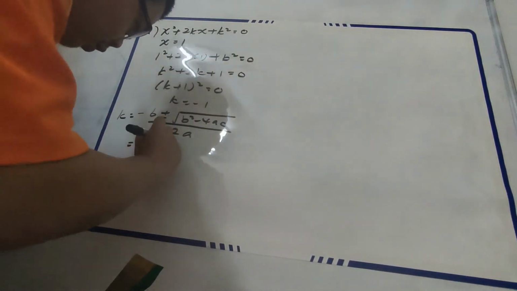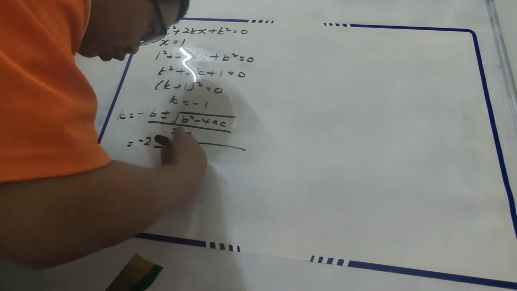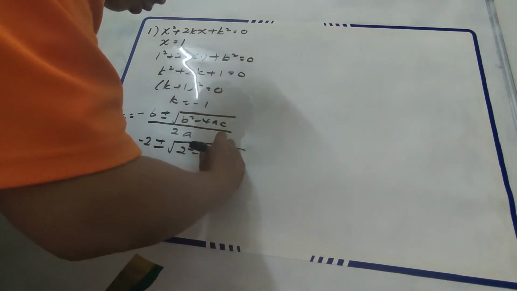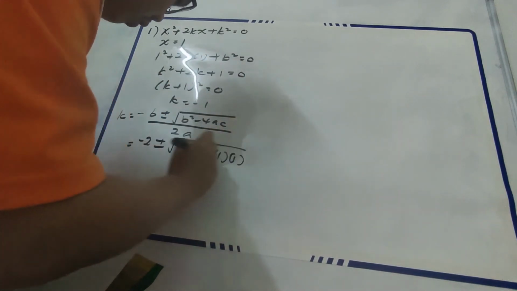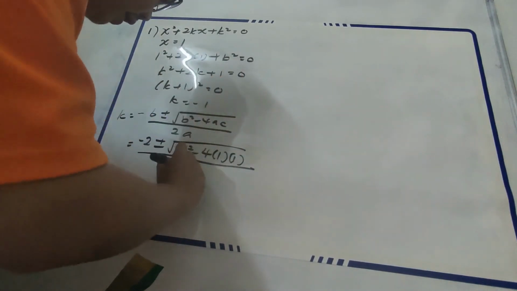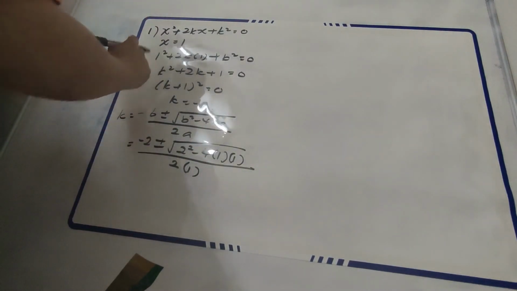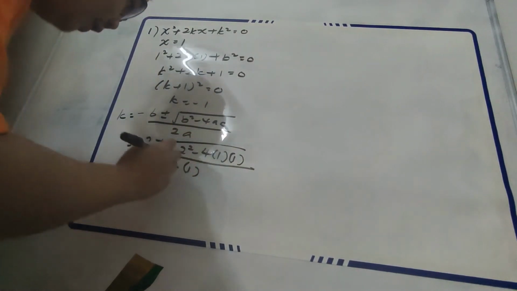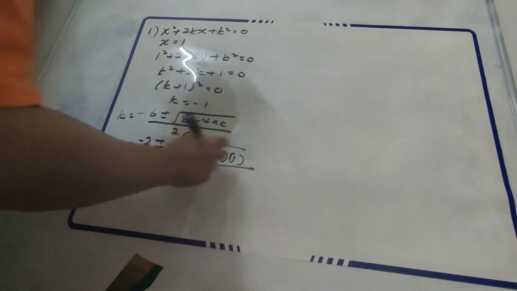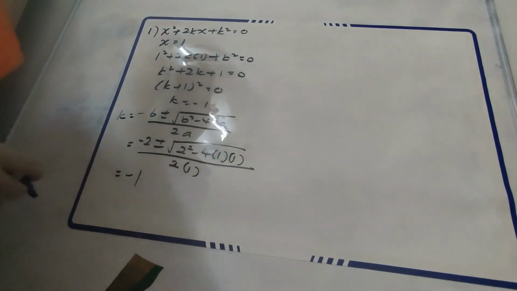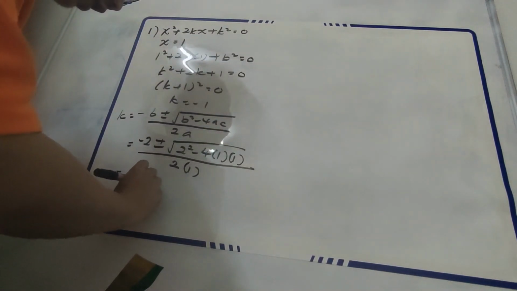So here, minus 2... so 2 plus or minus the square root of 2 squared minus 4 times 1, divided by 2 times 1, the a here. The answer is 4 minus 4, 0. So of course, minus negative 2 divided by 2 is 1. So this is how you check.